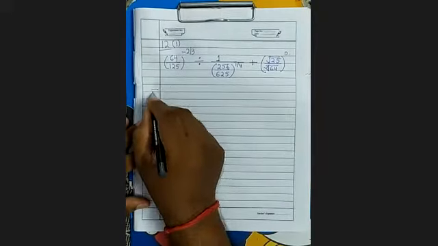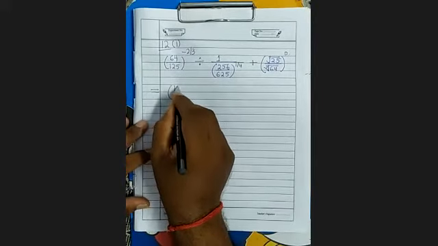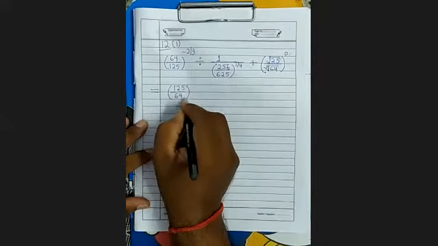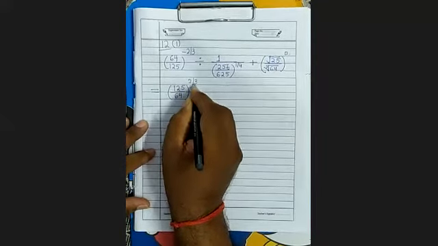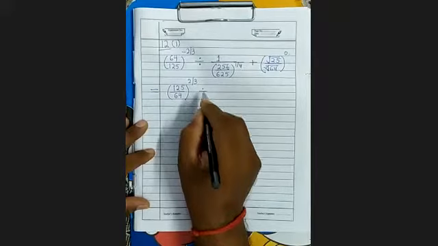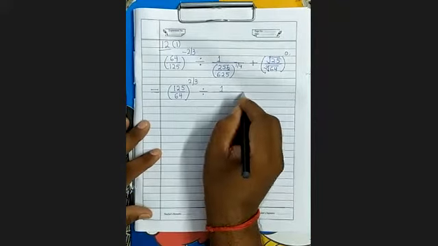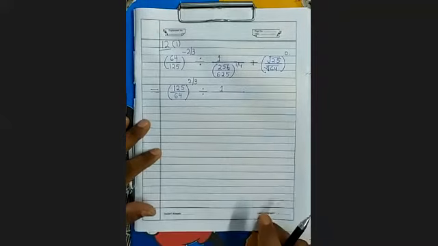That is (125/64)^(2/3) divided by, it is 1, and you can see here 256.